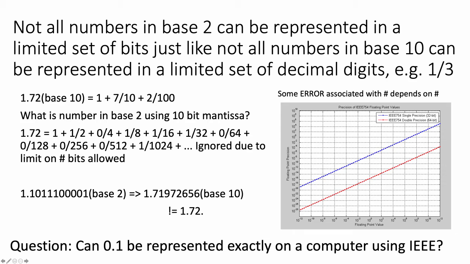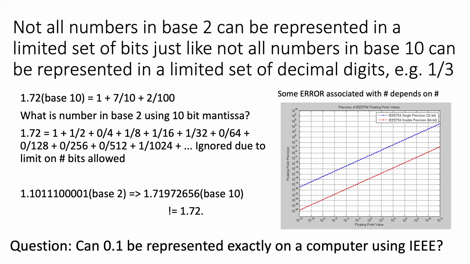This is one way of converting it to base 2. It's not the best way, but it just shows you what's going on. So if we're using a 10-bit mantissa, this would be the 10-bit mantissa we'd set aside, and this is 1.72. This is our original number. If we convert our bits back, we get 1.719. So it's close, but it's just not exactly the number.